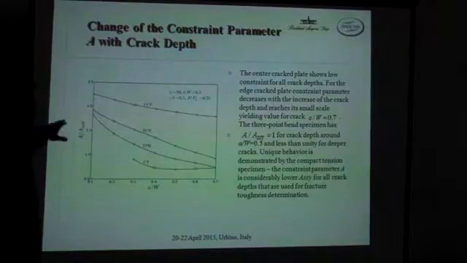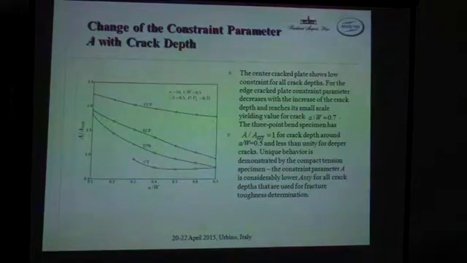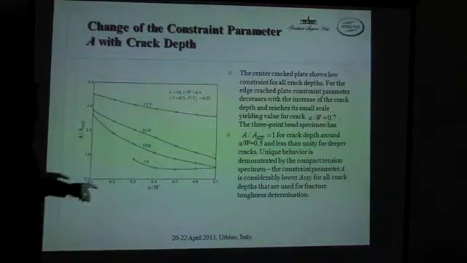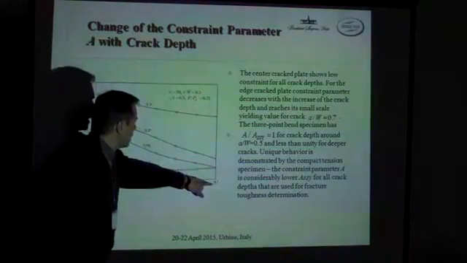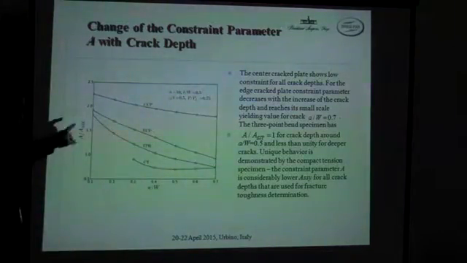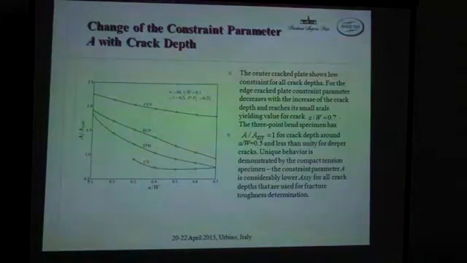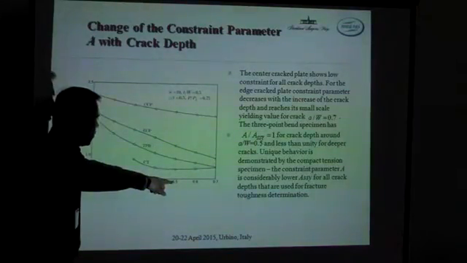For edge crack plate, constraint parameter decreases with increase of the crack aspect ratio, reaching its small scale yielding value for crack aspect ratio around 0.7. The 3-point bend specimen has constraint parameter 1 for crack aspect ratio around 0.5.